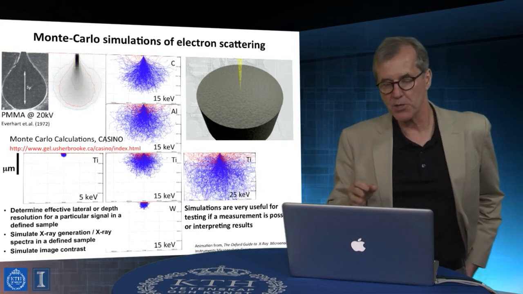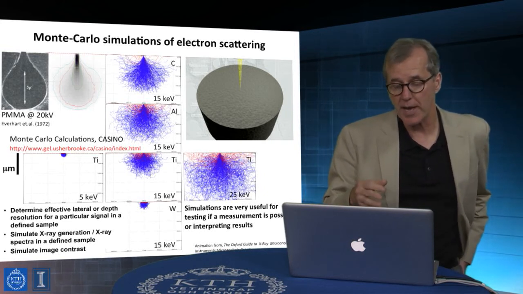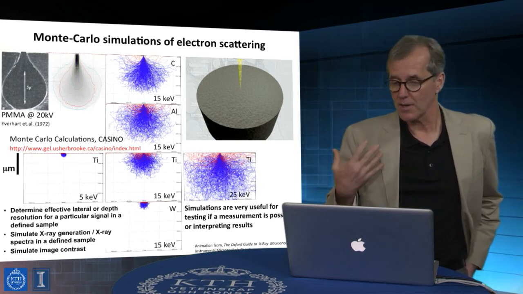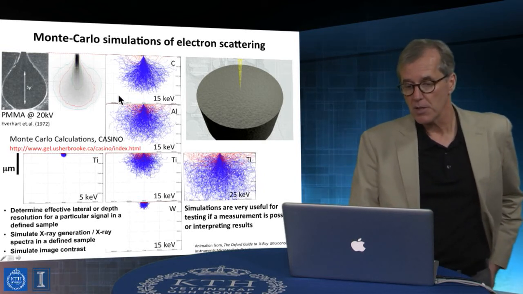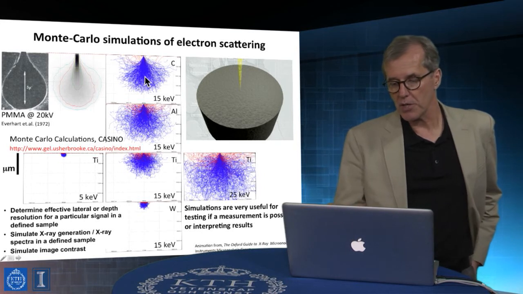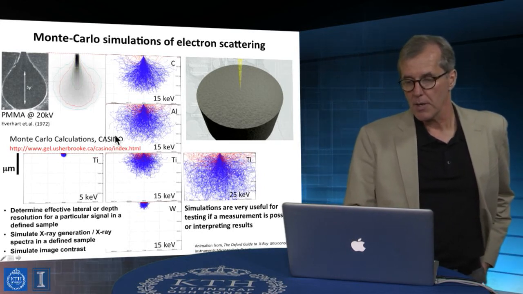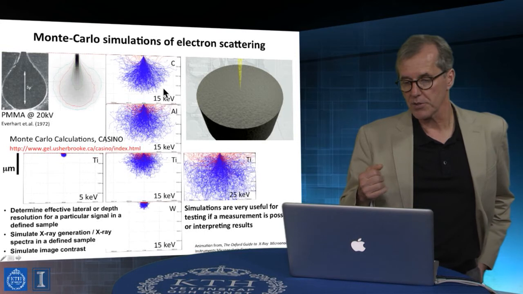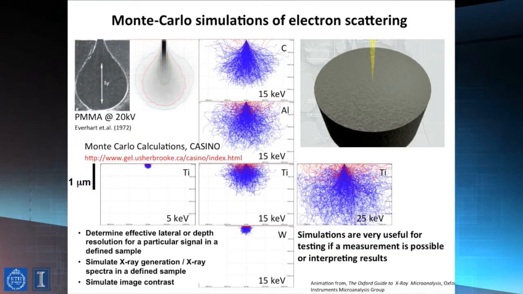The schematic depiction that I showed you in an earlier slide is one that actually is reflected in the reality of this. So these are simulations to analyze the excitation profiles in various materials as a function of kinetic energy.